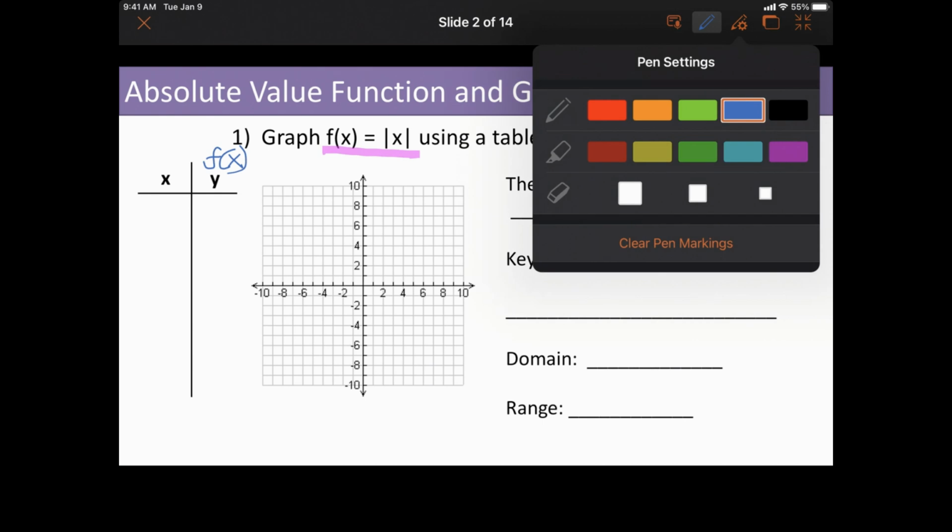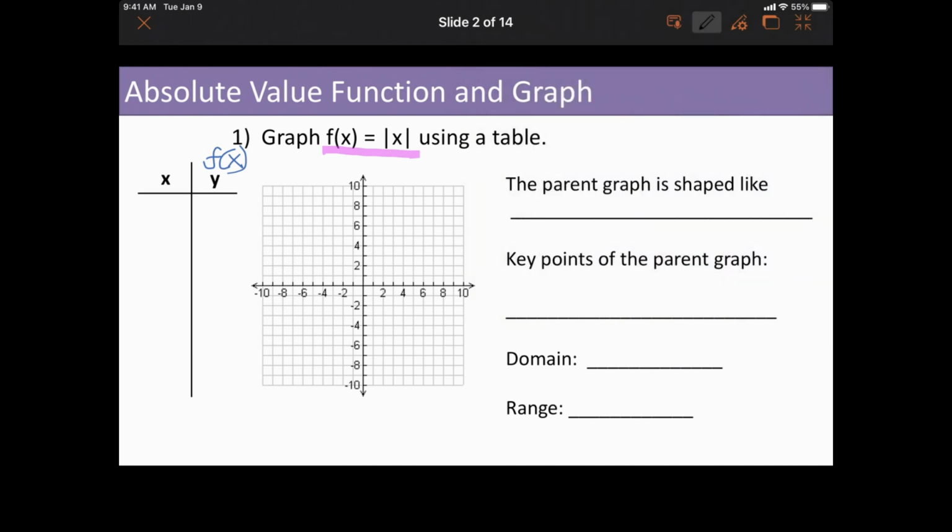All right, so to graph, we are going to do a table. So if you do not know the absolute value graph, you'll know where it comes from. When you put in values, you always start with a negative first. If you just put a positive and zero, you'll only know it on one side, and they're not always mirrors.